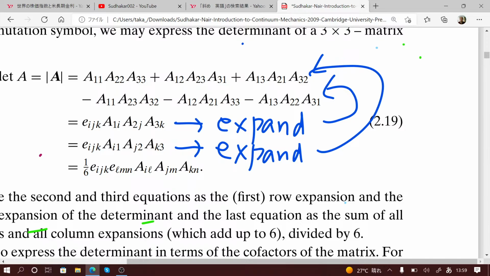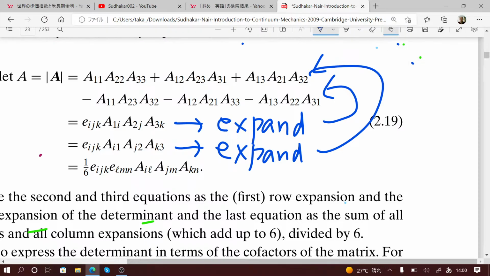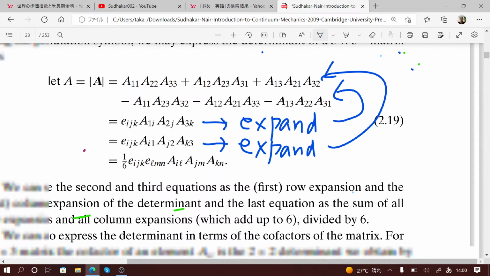Okay, the last one looks more complicated. I don't know how to prove this. So let me read the text.